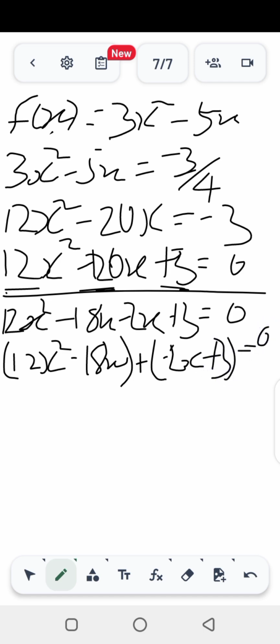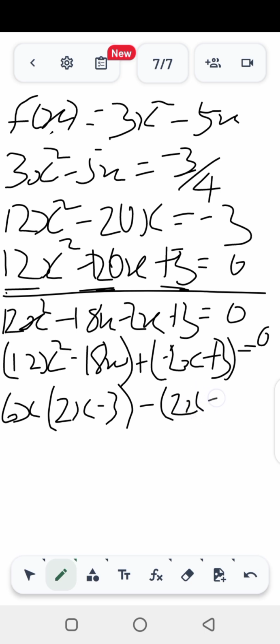Okay, the next step is that we factorize. So in 12x squared and 18x, what is common is 6x, and we have 2x inside, then minus 3. Alright, what is common here is negative 1. So negative outside, 2x minus 3, which is equal to 0.